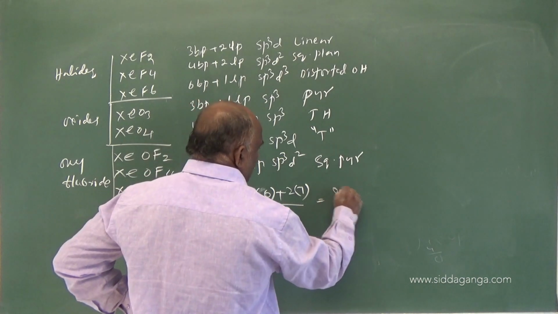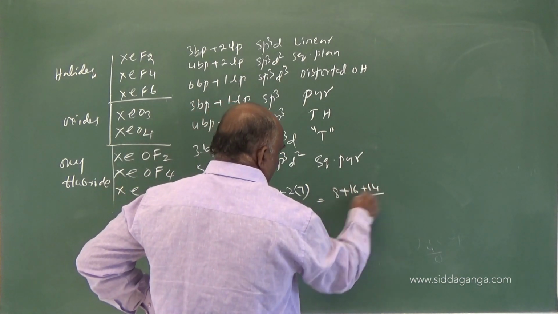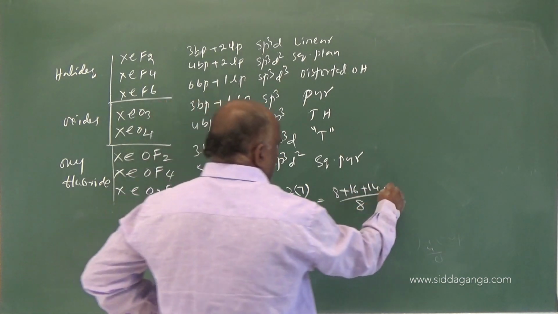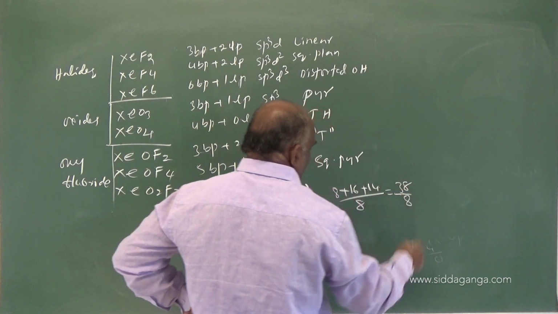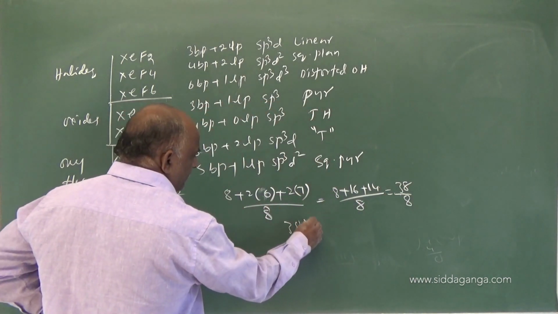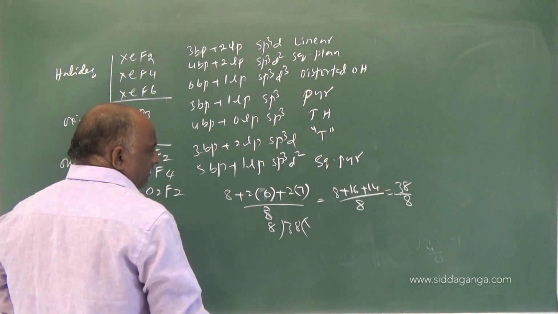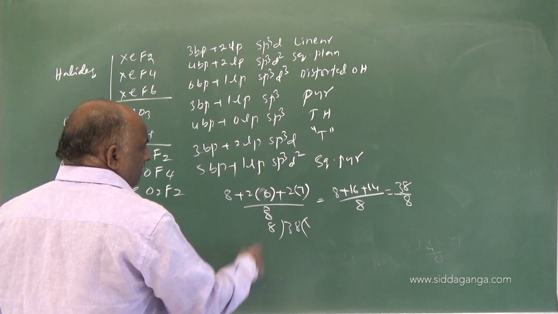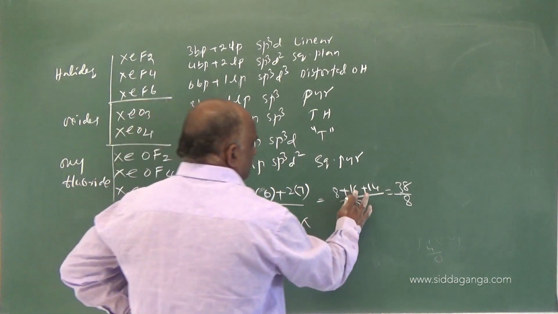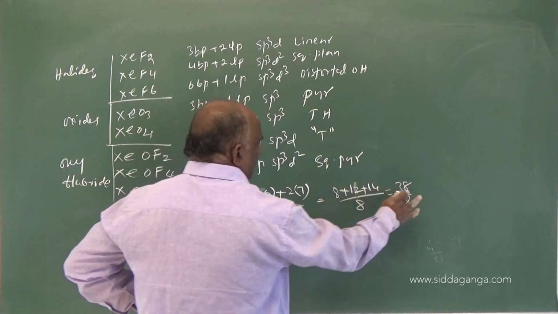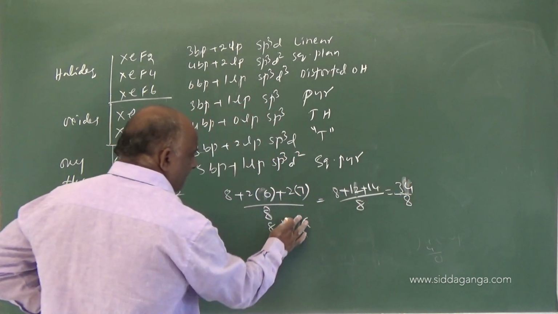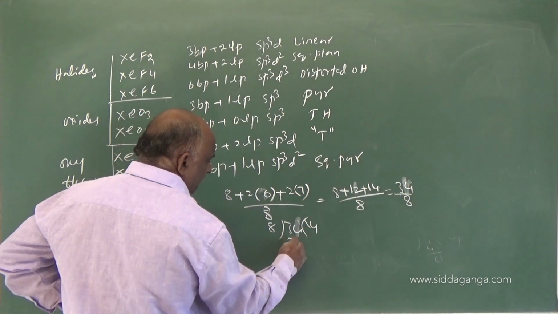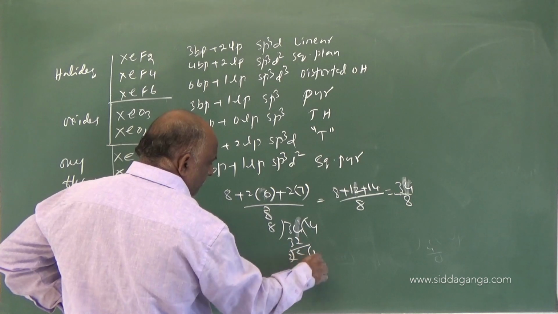So it is 8 plus 16 plus 14 by 8, that is 38 by 8. Then 8 4s are 32, 12, 6 2s are 12, 20, 34 by 8. 34 by 8 means 8 4s are 32, 2 1s are 2.